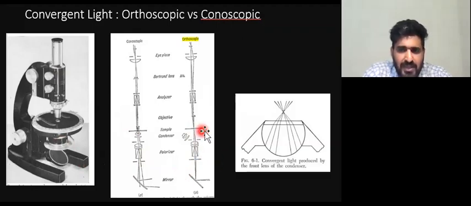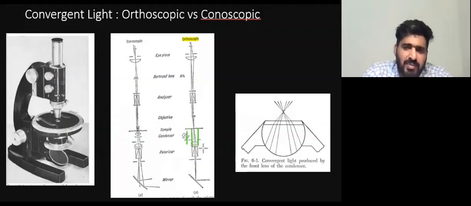This is the mineral thin section that is being kept on the microscope stage. Here, if you look at it, the light that is coming out from this is actually hitting this section orthogonally. That is why this particular arrangement is called orthoscopic study.